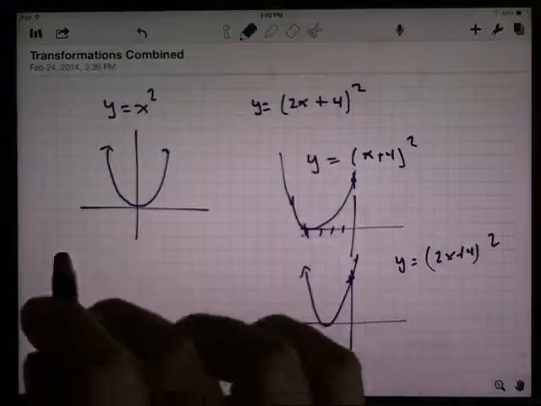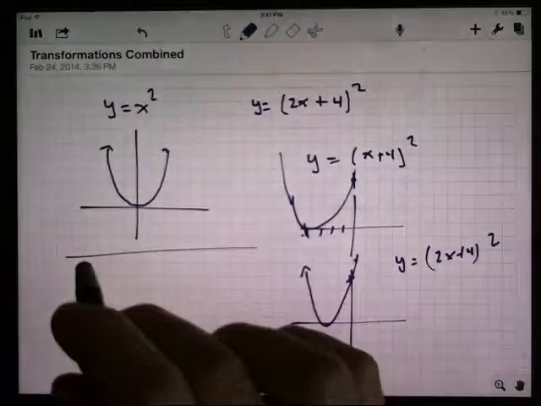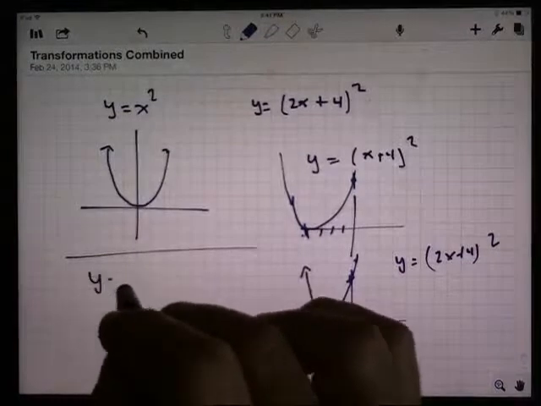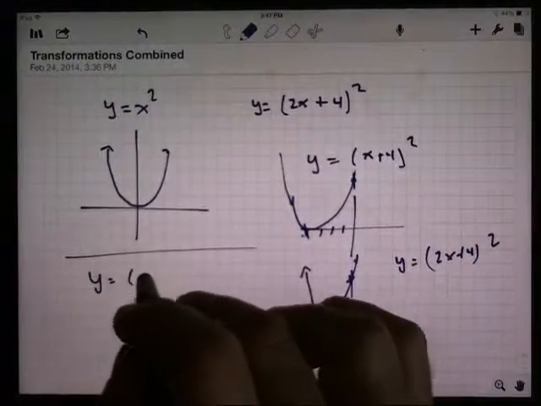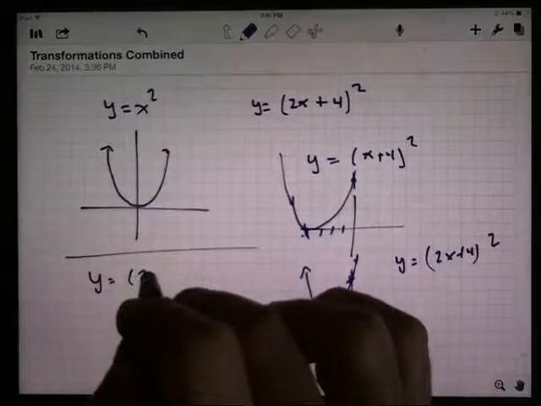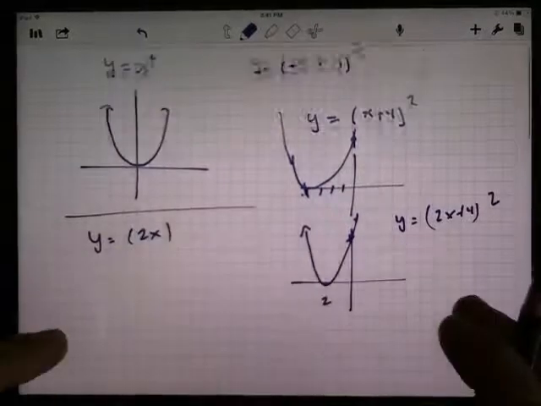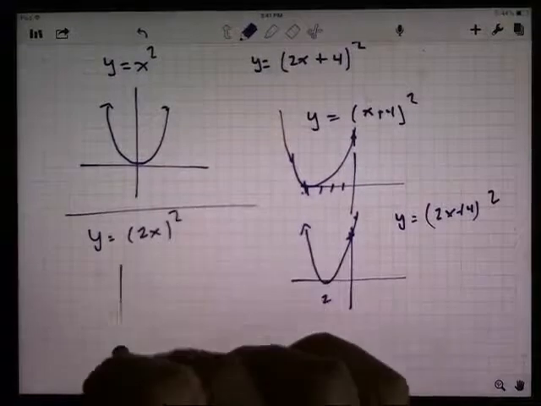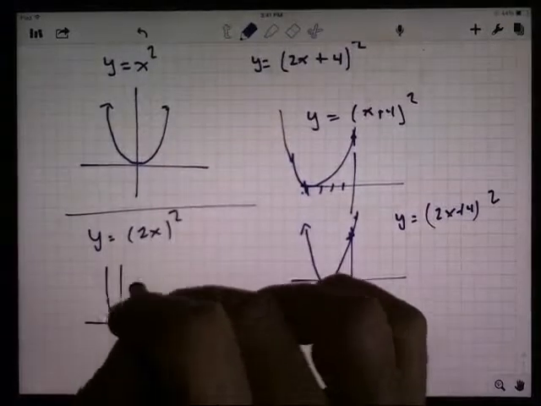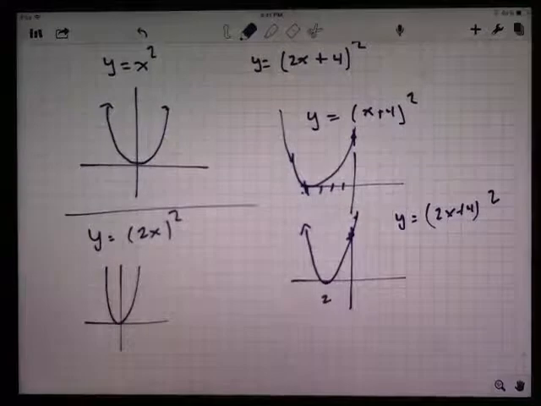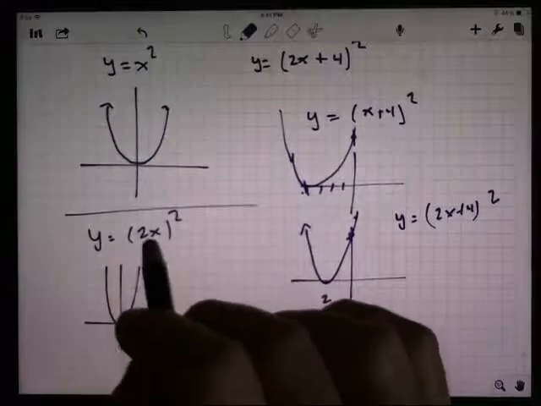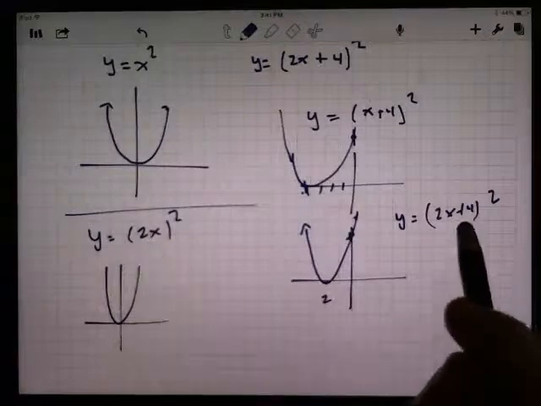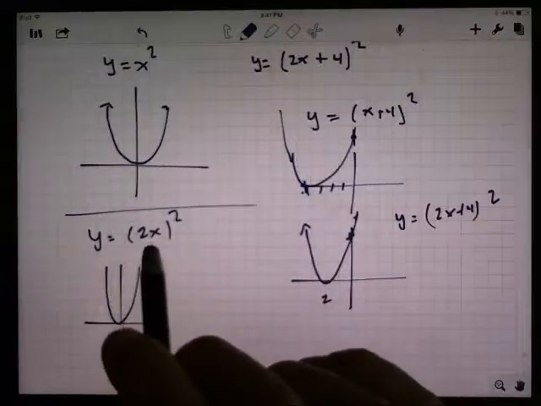Or I view it this way. I start with that graph, and then look at y equals 2x. So that's the squeeze. First I looked at the shift and then the squeeze. If I looked at the squeeze first, this is a skinny parabola now, and then I ask, what does it take to get from here to there? I don't have to replace x by x plus 4.